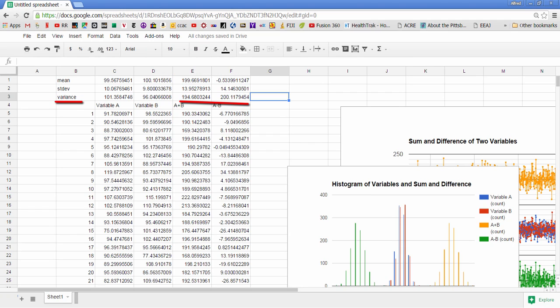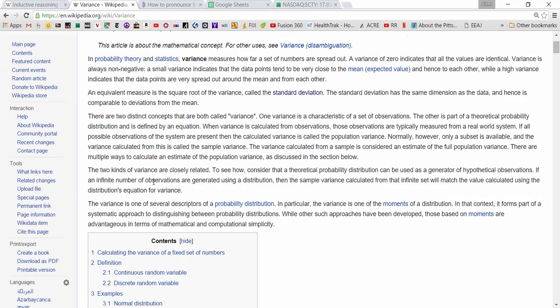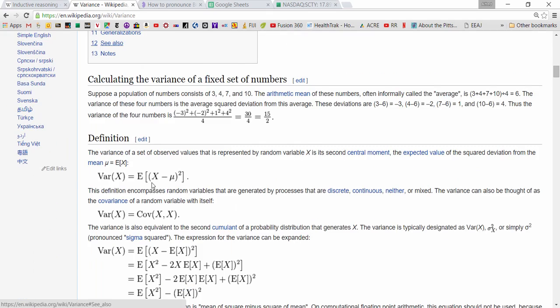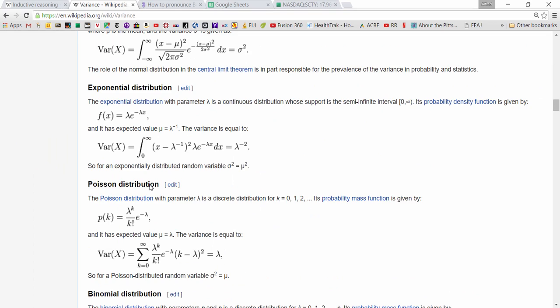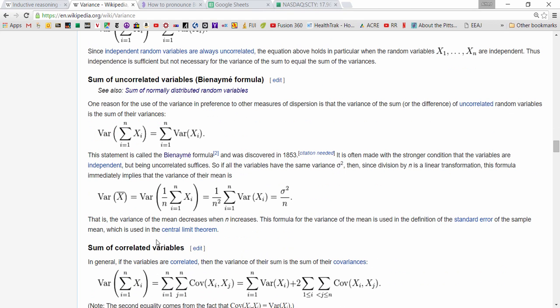Or might we take an inductive leap with our minds and guess that the variance of the sum, or the difference, of two variables is equal to the sum of the variances of the variables themselves? Or we could go to Wikipedia and go down the page a ways, and beneath all these fancy formulas, in a section on properties of variance, is the statement here.